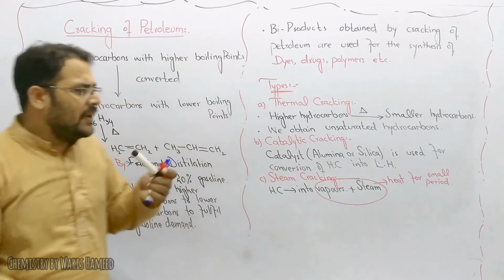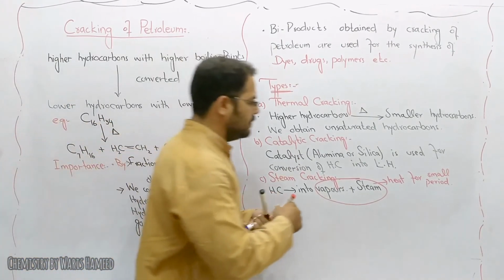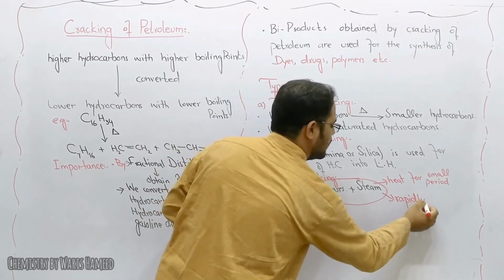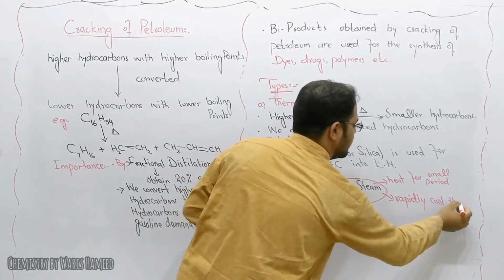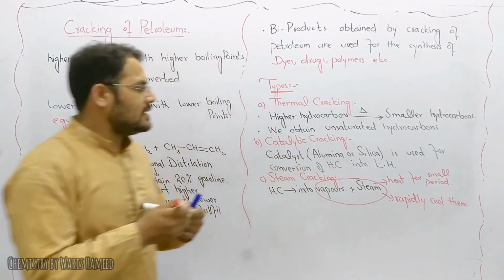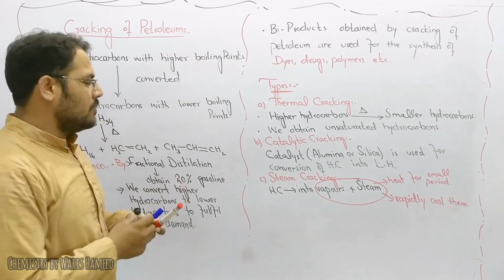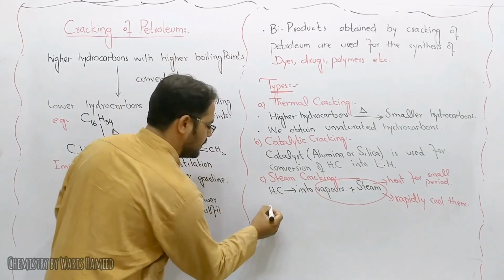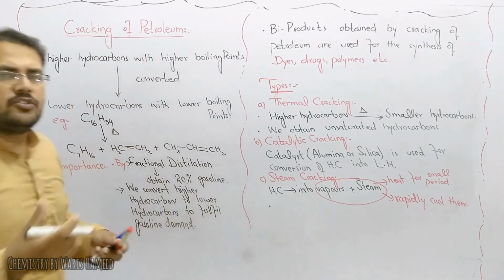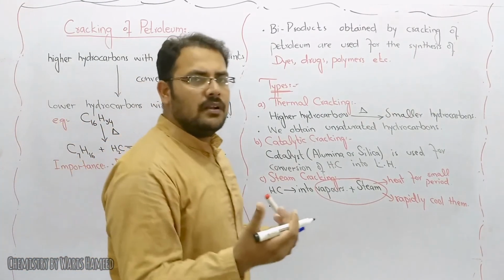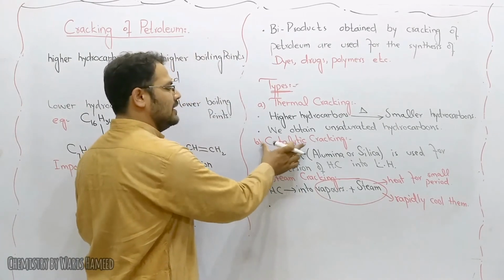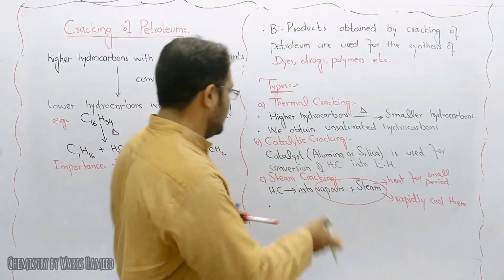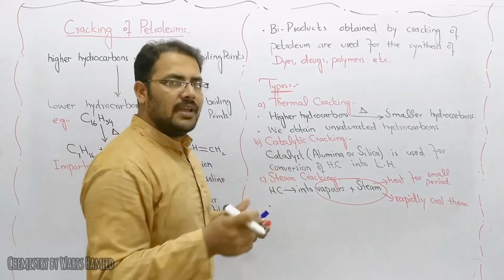After the heating we rapidly cool them, and on rapid cooling they convert into smaller hydrocarbons. In this case we also obtain smaller unsaturated hydrocarbons. In catalytic cracking, we obtain hydrocarbons of a higher octane number, and good fuels are also obtained by catalytic cracking.